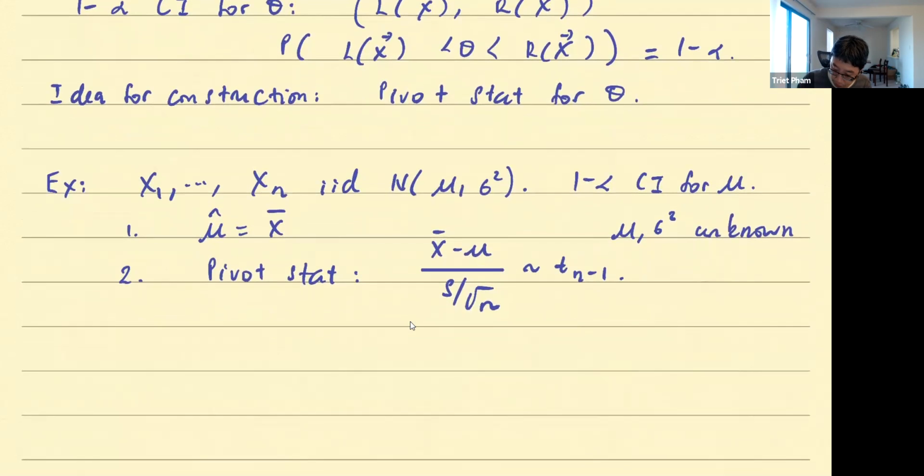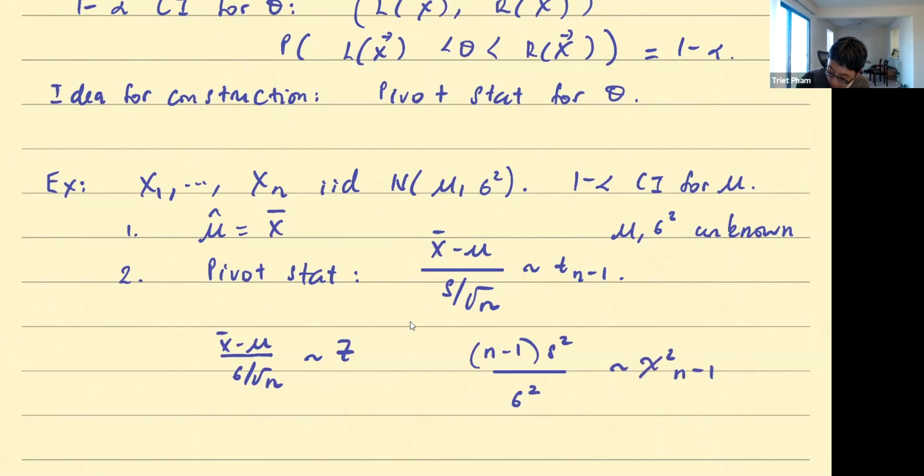And so, well, I guess to remind you too, the reason is that x bar minus mu divided by sigma over root n is standard normal, and n-1 s square over sigma square is a chi-square n-1, and these two are independent.